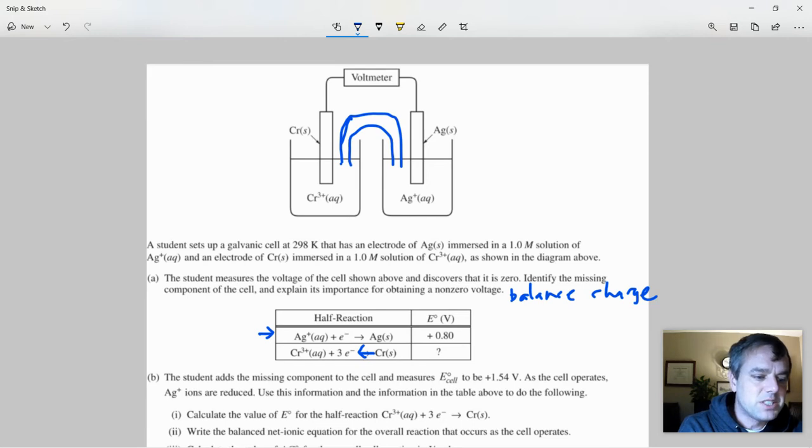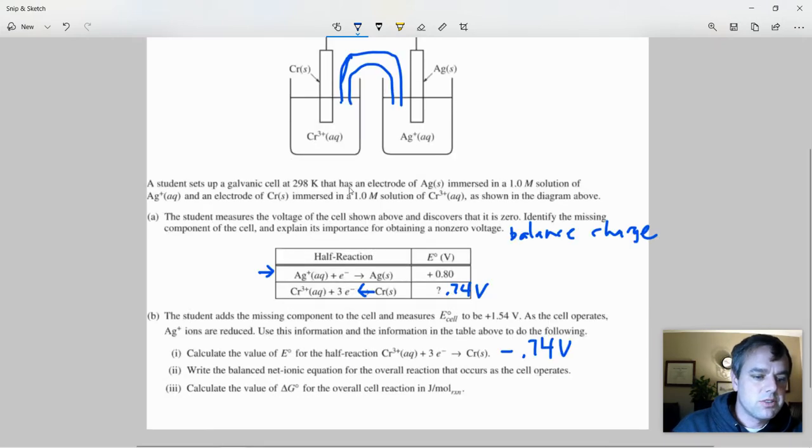And so the cell potential for chromium, because you have to have something reduced and something oxidized, for the chromium being oxidized, if the total cell voltage is 1.54, this would be 0.74 volts. So the cell potential for the reduction half reaction they give you down here in part one would be negative 0.74 volts.